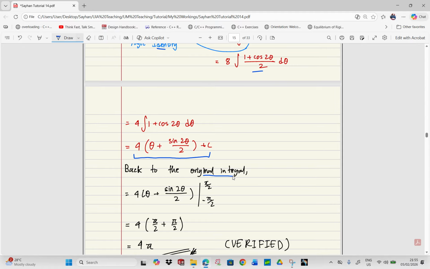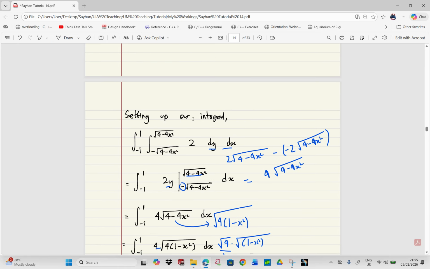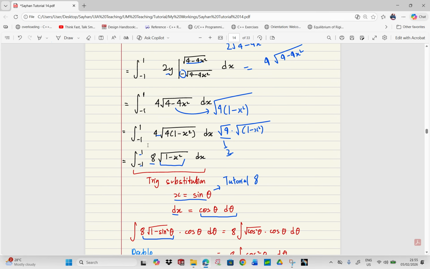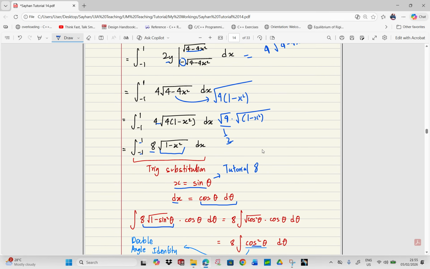Back to the original integral, I didn't change theta back to x. I just put the antiderivative as it is and changed the limits. Initially the limits were between 1 and negative 1. Therefore theta is equivalent to sine inverse of x. If sine inverse is 1, you get pi over 2, and if it is negative 1, you get negative pi over 2 or 3 pi over 2.